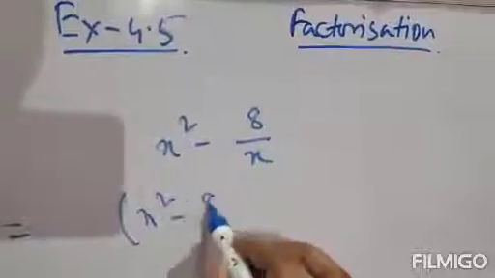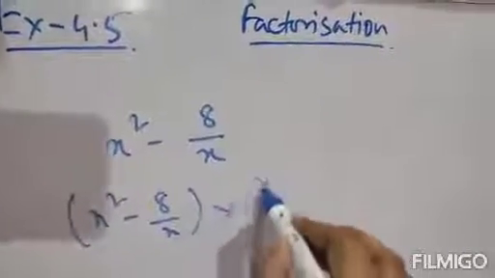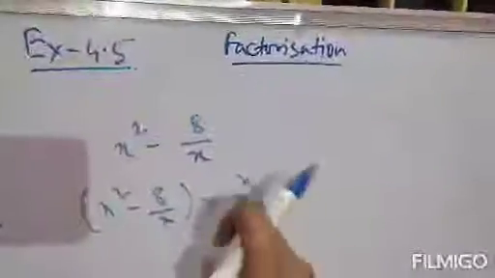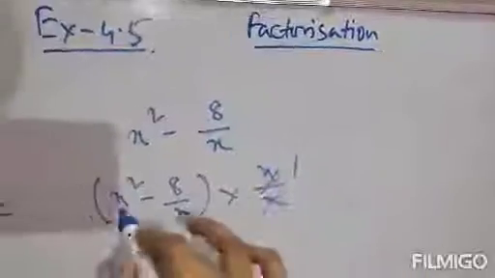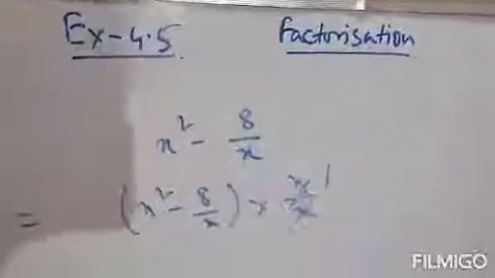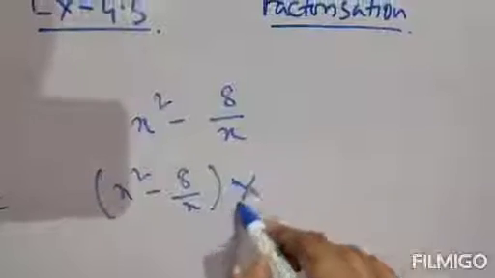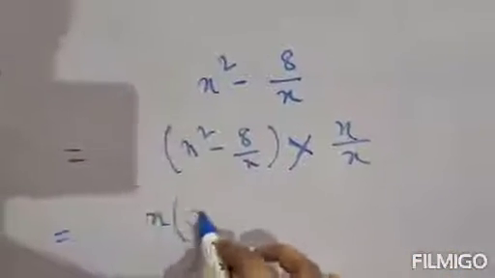Just multiply x into x by x. Just multiply x by x, because x by x means 1, and 1 into this will be like this. Clear? There is no problem. Just multiply it by x by x, and then we can write it like this.